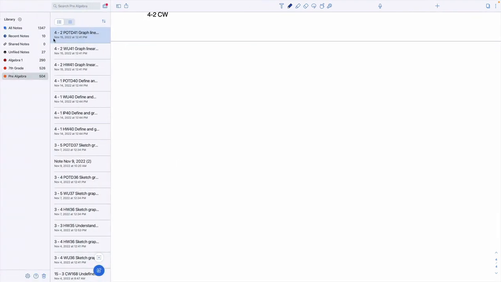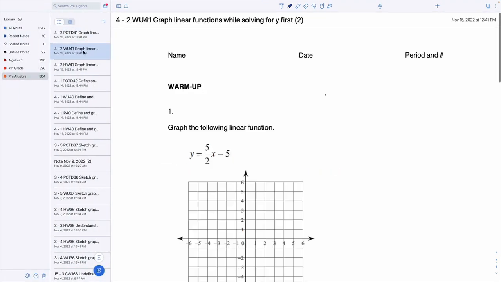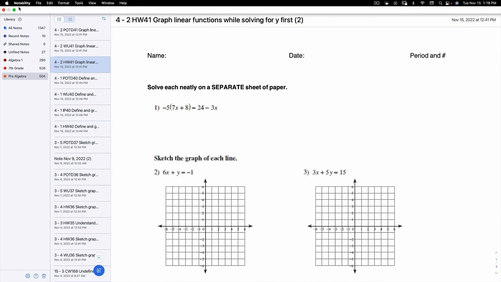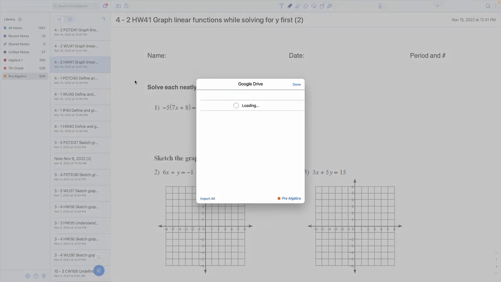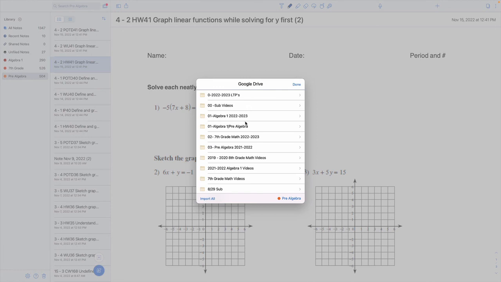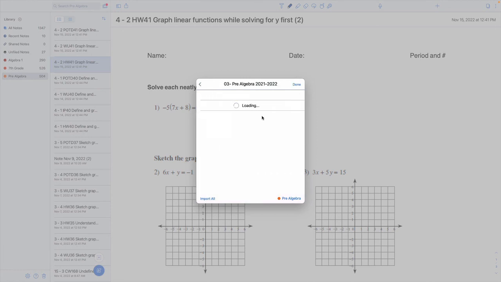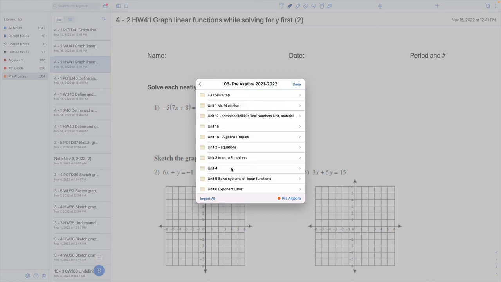Yay. You have independent work. Where are you? Yeah, you're on the right page. Cool.